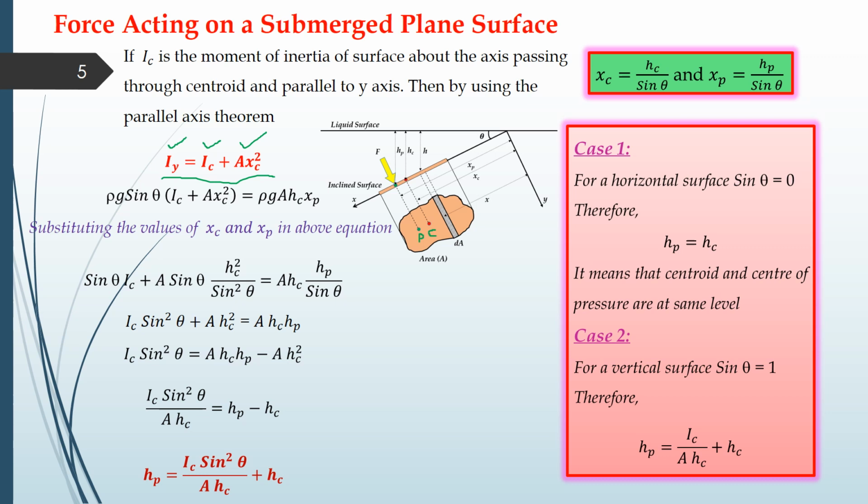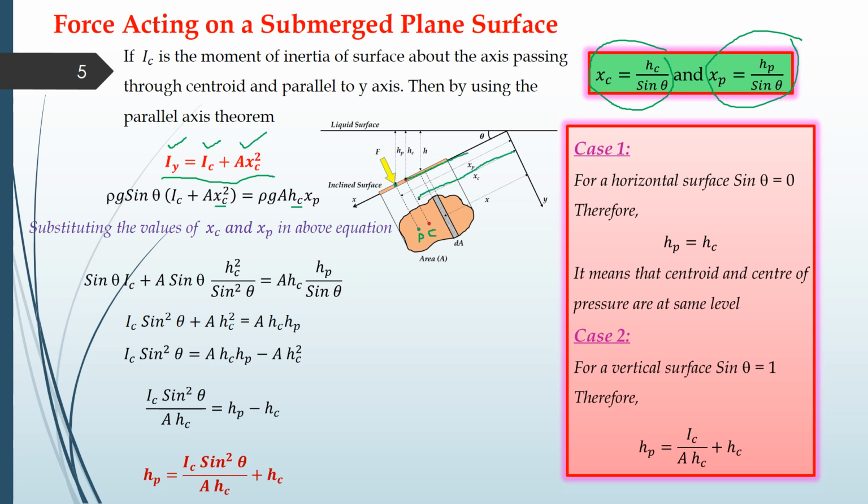So we will now try to simplify this equation. Here xc is the term, hc is the term, and this is xp. We will try to find xp, and say this is your xc, and again this is your xc.